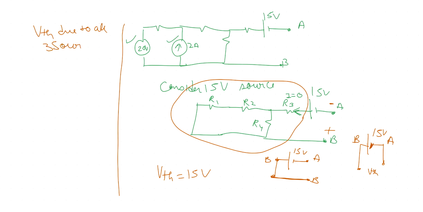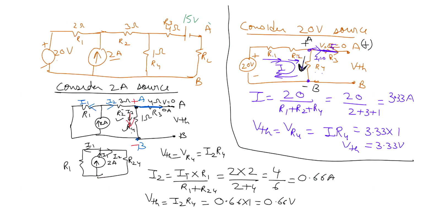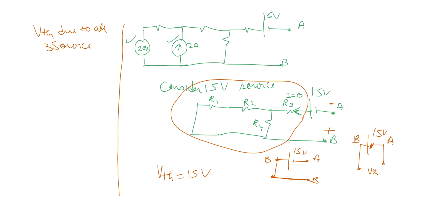So let me go back to page 2 here. Polarity for point A here is positive, and that time the voltage was 3.3. So I will write here 3.3 as positive. Then I will go back to page 2 to see here.